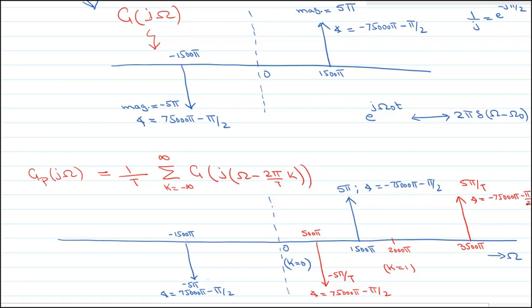Now let's look at k equal to minus 1. So for k equal to minus 1, we will have a copy centered around minus 2000 pi, which means that I will have minus 2000 plus 1500, so I will have one at minus 500 pi.